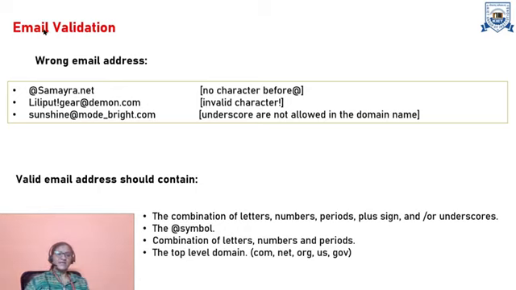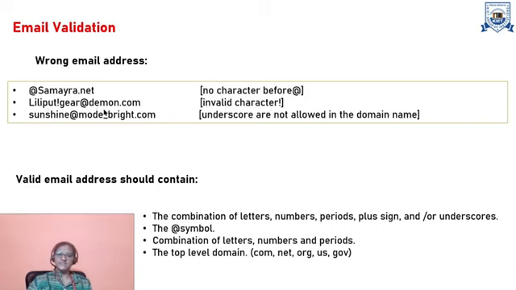Now, email validation with the help of this regular expression. Here, the at the rate is at the beginning. There is no character before this at the rate, so it is not allowed.